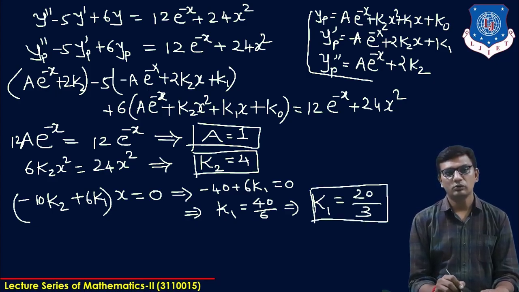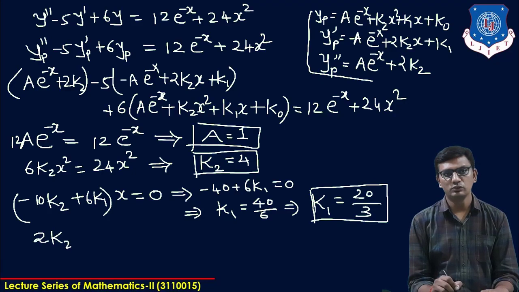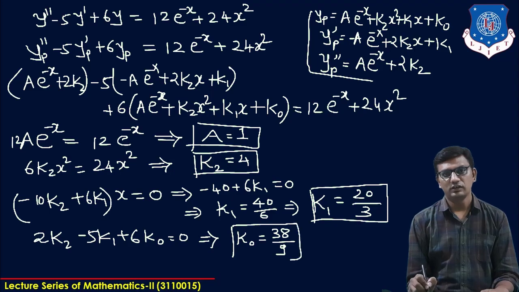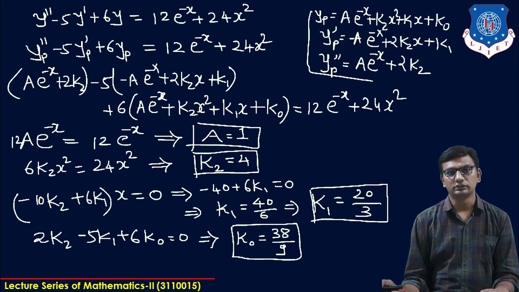Now compare the constant terms from both sides. Then finally we get the constant terms 2k2 minus 5k1 plus 6k0 equal to 0. After putting the values of k2 and k1, we get k0 equal to 38 by 9. So we can find our undetermined coefficients by this method.